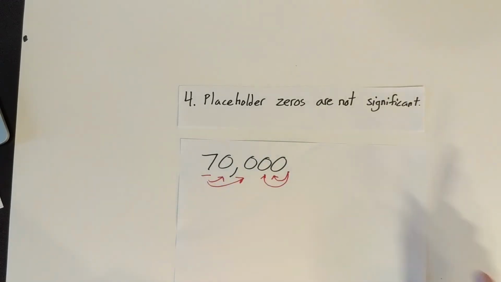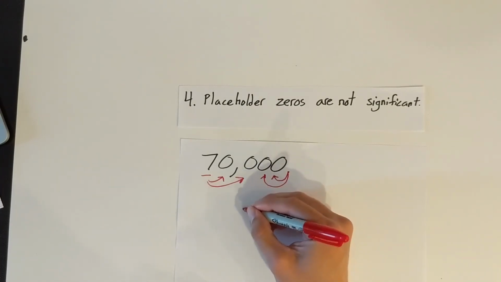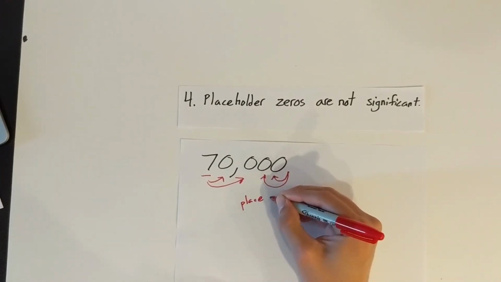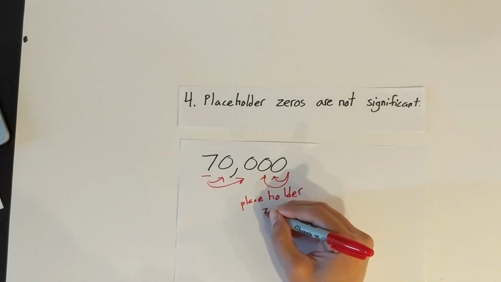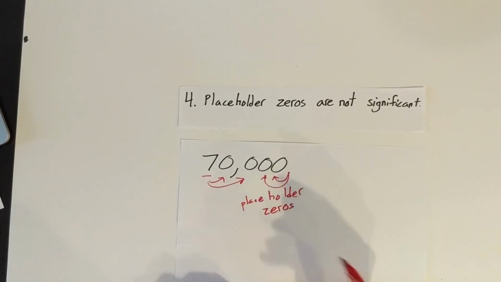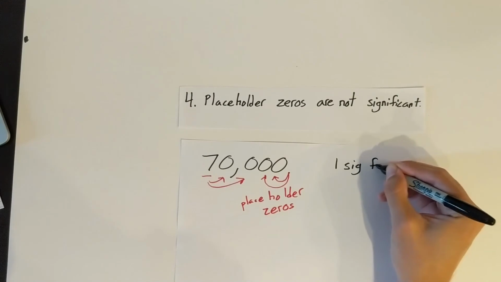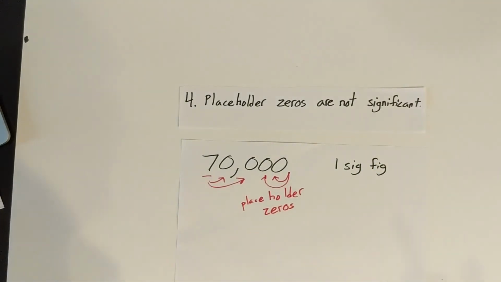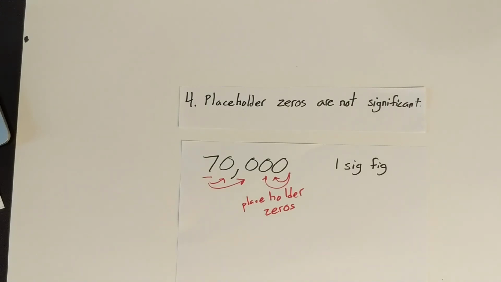These are what we call placeholder zeros. Because they're kind of just holding that place. So this would only be 1 sig fig. So that is one type of example of placeholder zeros.